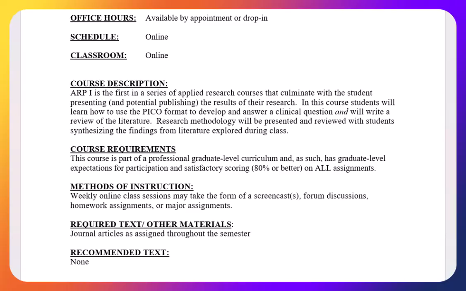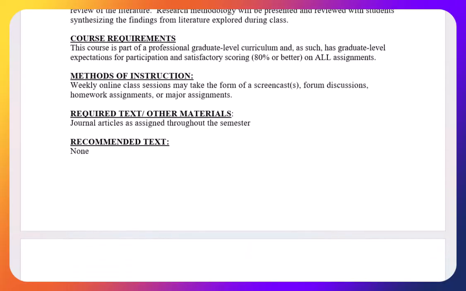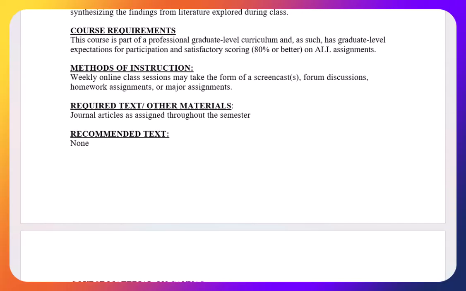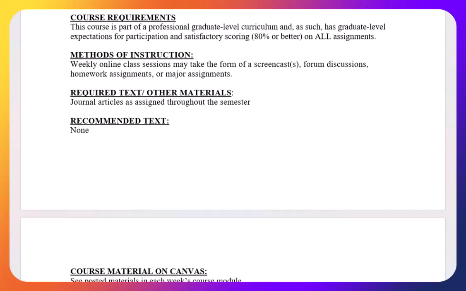You're going to be creating a systematic review or a scoping review, and there'll be much more time to talk about those at a later time. But you're really going to dive in deep on a topic. Now, there are no textbooks for this course. There may be journal articles that are assigned throughout the semester, and those will be posted on Canvas for you to access.